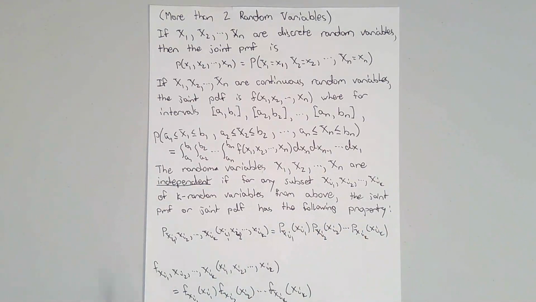So this definition of independence correlates with the definition of independence of n events, but carries over to random variables.